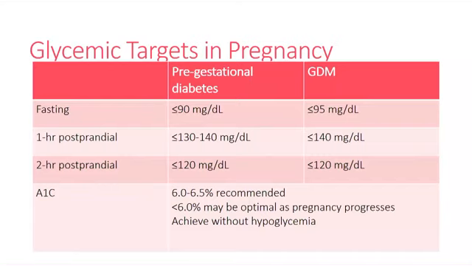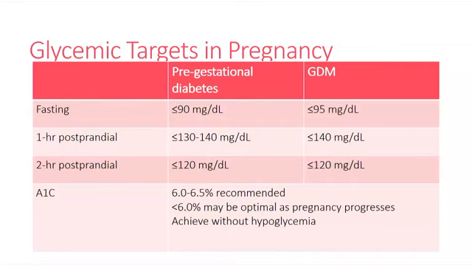So as you see, for GDM it is 95, but I also added the pre-gestational numbers to give an idea of the difference if she was diabetic versus just gestational diabetes. So 95 for fasting compared to 90. Some women will check a 1 hour glucose. Let's say she says the only time she can do it is 1 hour after she eats because she's at work and cannot stop after 2 hours.